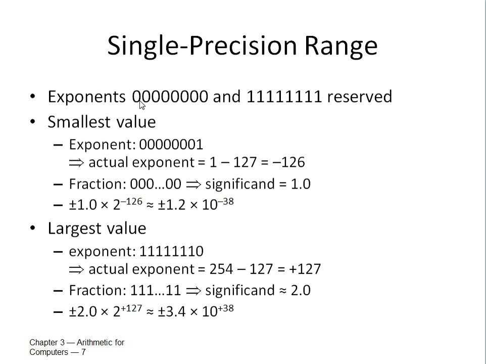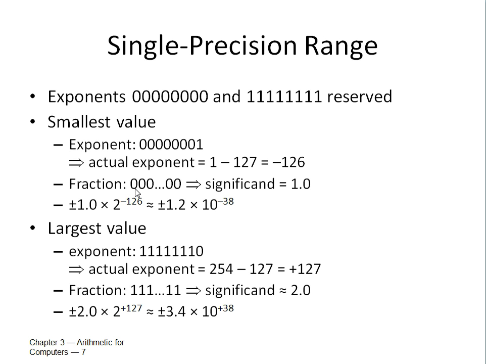So therefore, you only have from 00000001 all the way up to 11111110 at the end. So that's what they're telling you here. The exponent, the very smallest I can deal with is 1. Since we're excess 127, 1 minus 127 means the smallest I can ever deal with as an exponent value for single precision is minus 126.